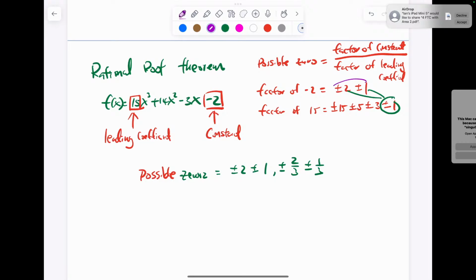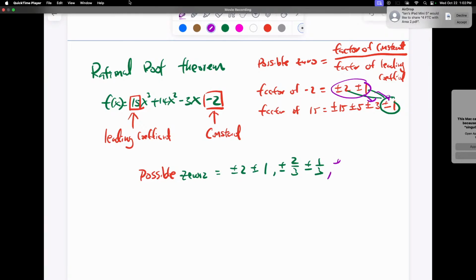So I take these 2 numbers divided by 1, and I take these numbers divided by the 3. So it'll be 2/3 and 1/3. Basically, I'm going to have plus minus 2/5 and plus minus 1/5. Is that okay?